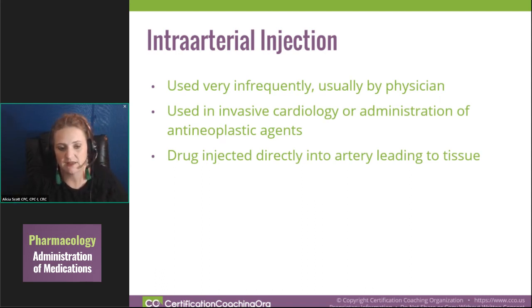A person's having a heart attack, things like that. They inject straight into the system. Maybe they put something, not a port, into the subclavian artery so that they can administer medication very quickly into the body.